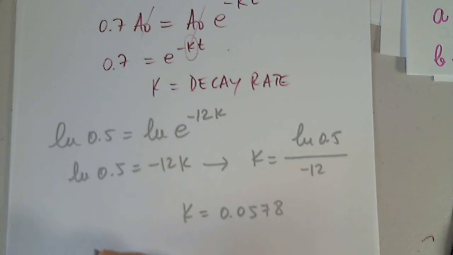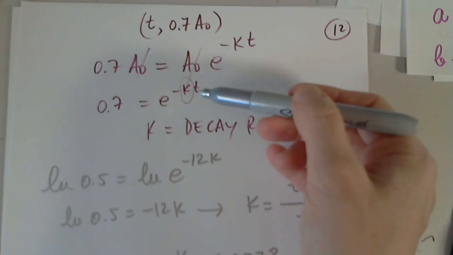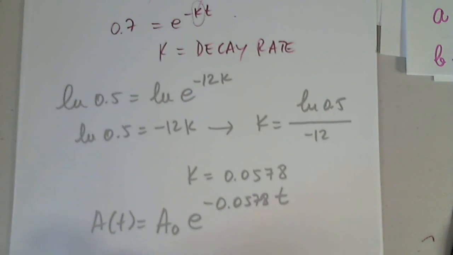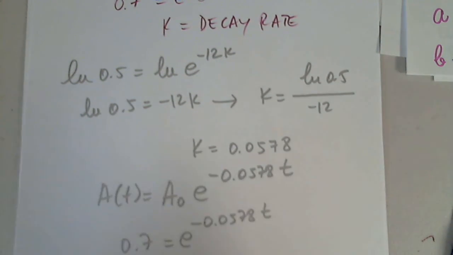So then a of t equals a0 e to negative 0.0578t. And all I needed to do is continue here. So 0.7 equals e to negative 0.0578t. And we will determine the time needed for the aspirin to decay to 70% of the original, whatever the original was. So we apply natural log. So natural log of 0.7 equals negative 0.0578t.